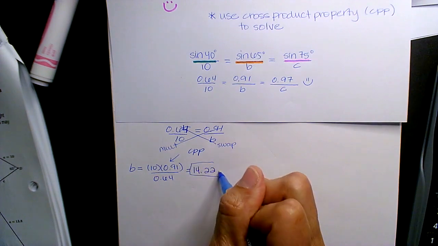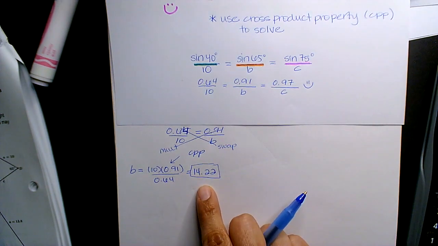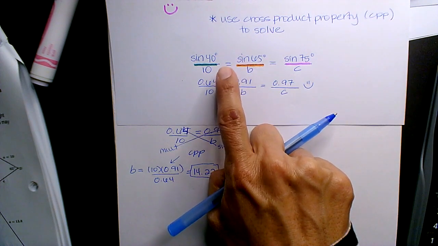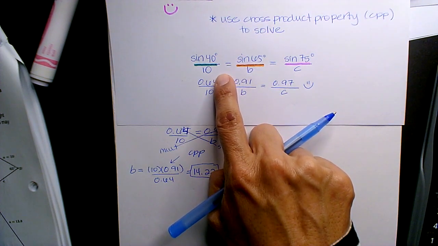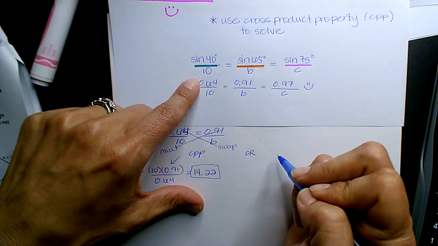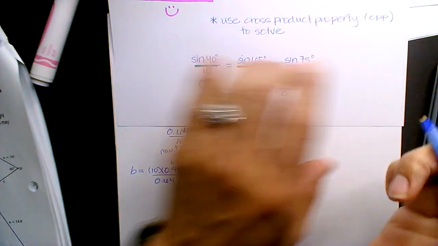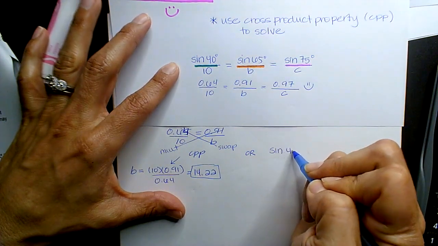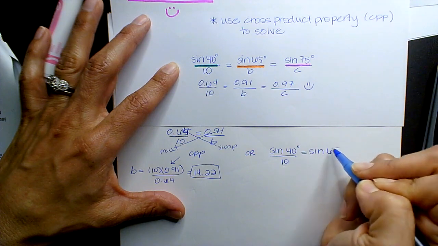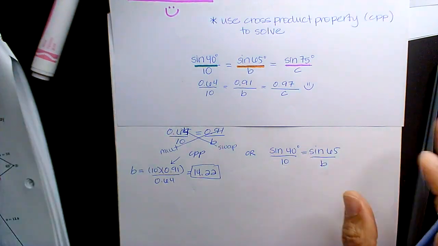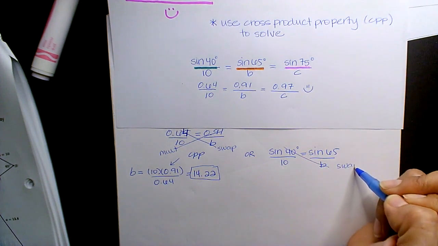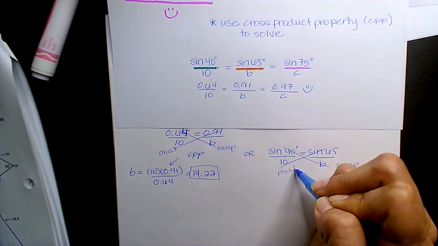Now that's if you want to start turning everything in your calculator into decimals. If you didn't want to and you wanted to just go from here, so this is an or. If you were like, nope, I'm going to use this, sine of 40 degrees over 10 is equal to sine of 65 over B. If you understand the cross product property, I'm going to swap here and multiply here.